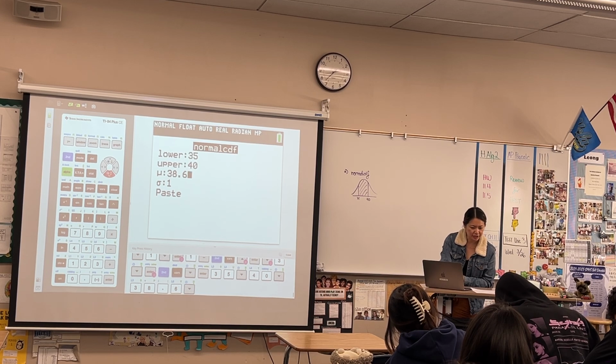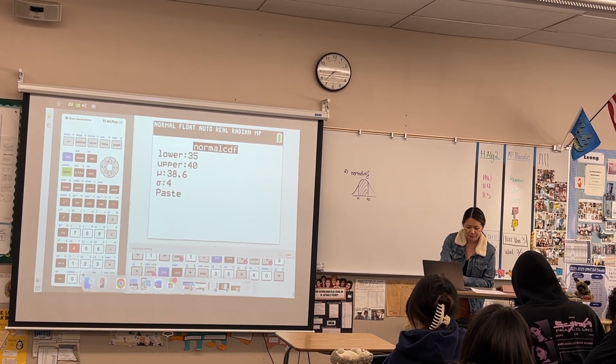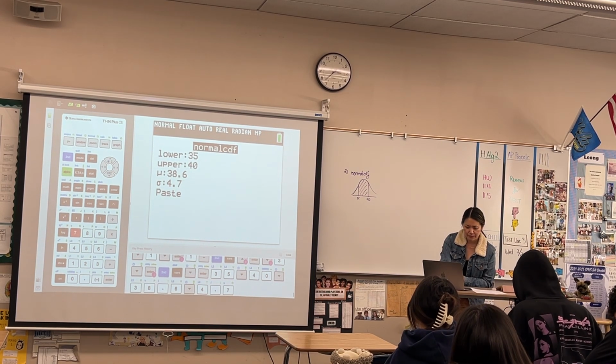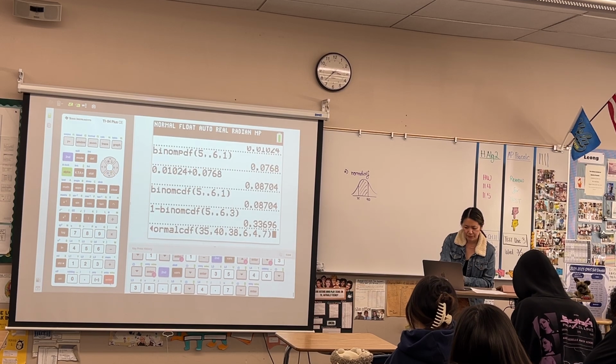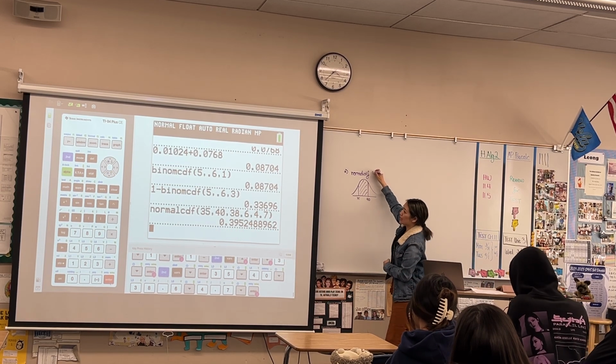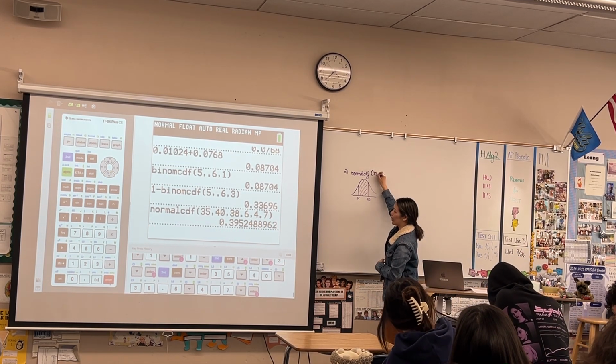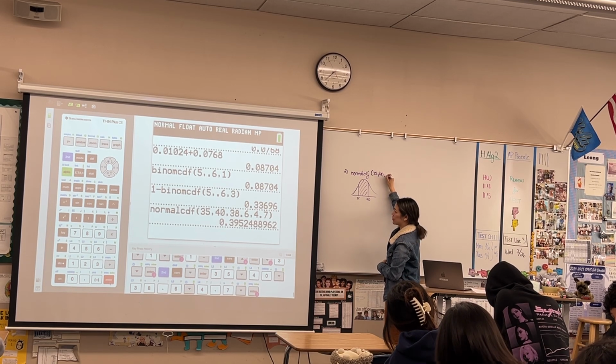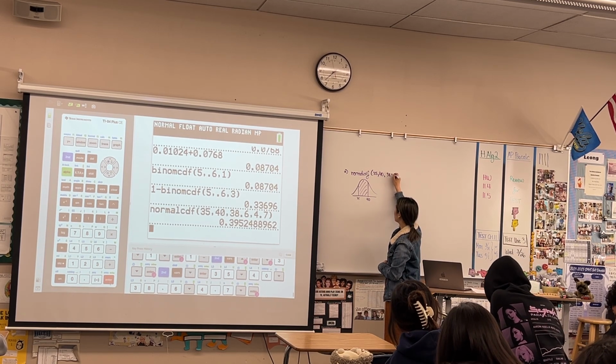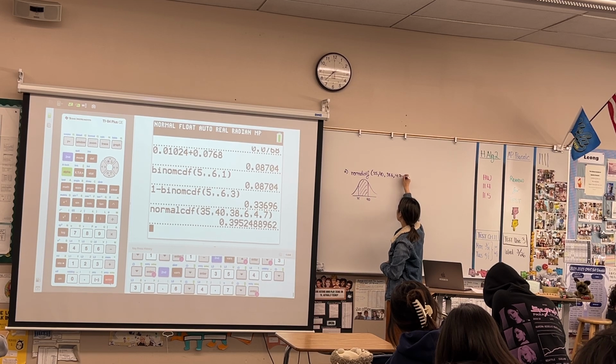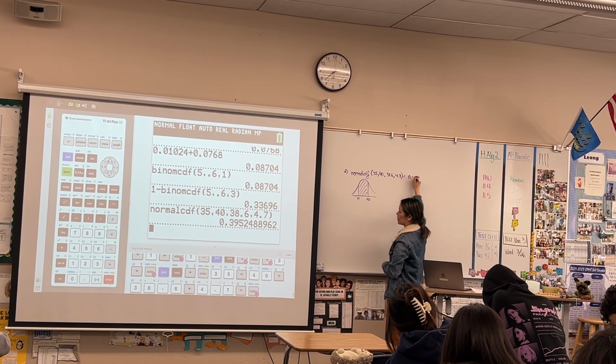And the standard deviation, they tell you, is 4.7. All right, so that is your work, and that is your answer. Make sure you show me this work, and then give me your answer.